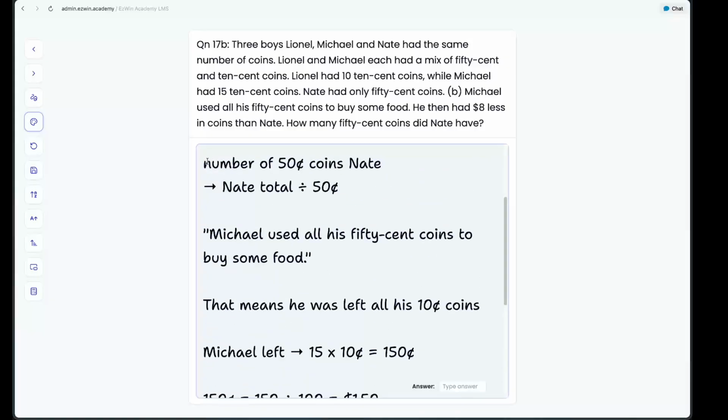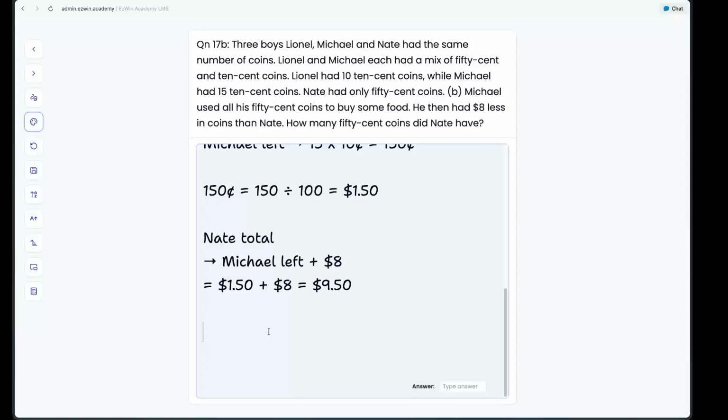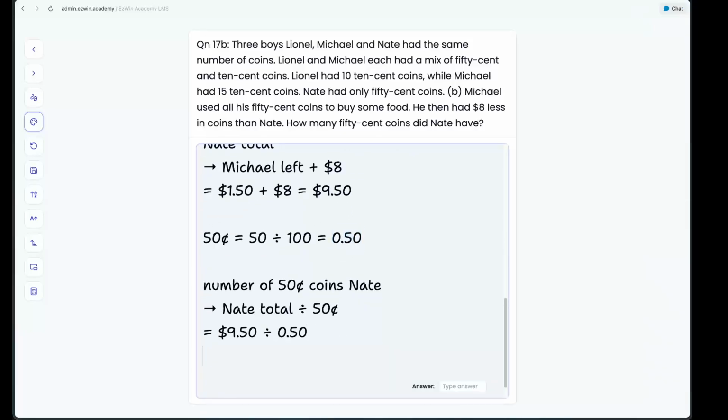To get the number of 50-cent coins Nate has, we divide Nate's total, $9.50, by 50 cents. 50 cents converted to dollars is 50 divided by 100, which is 0.50. So we divide $9.50 by 0.50, and this will give us 19 50-cent coins. And that's the answer.